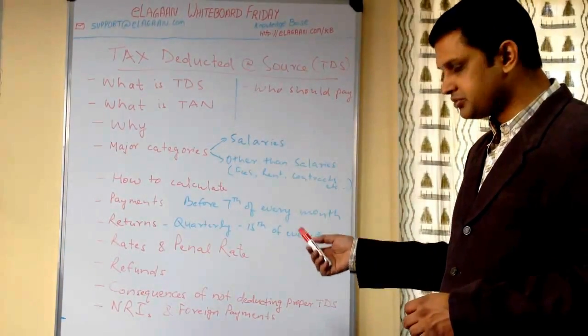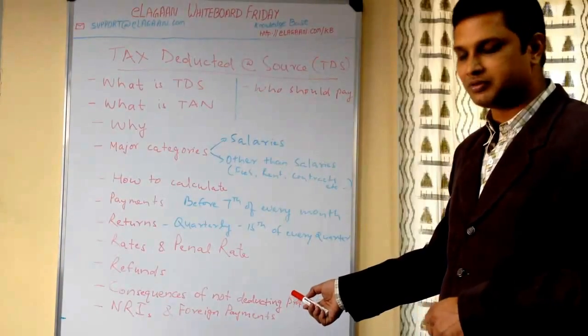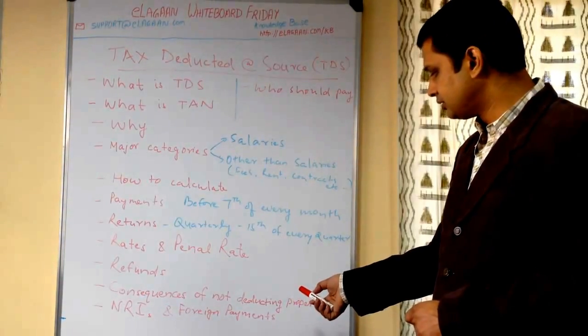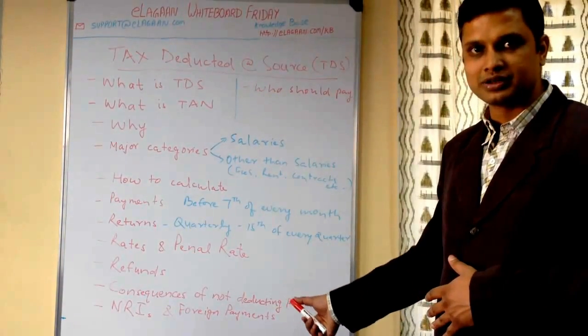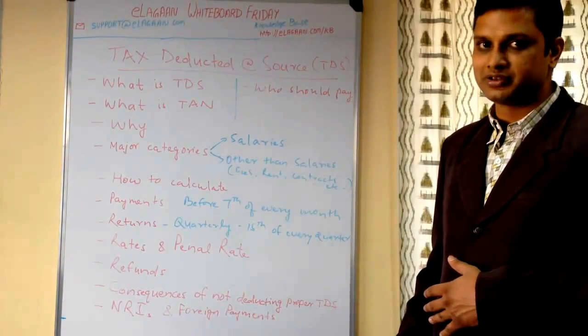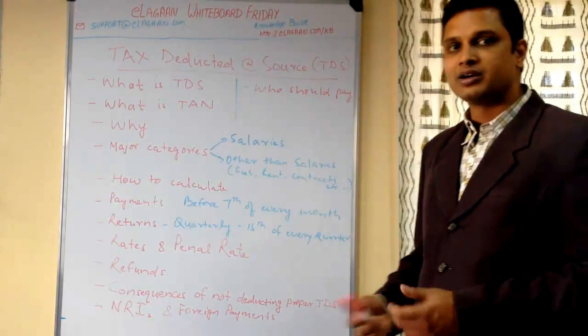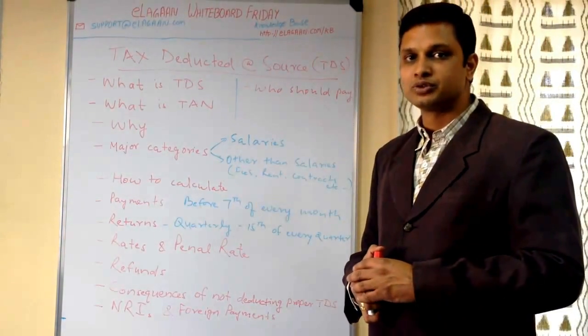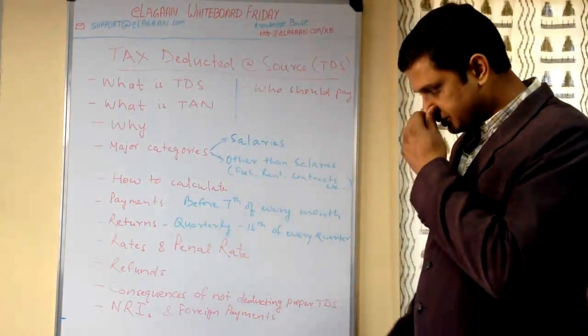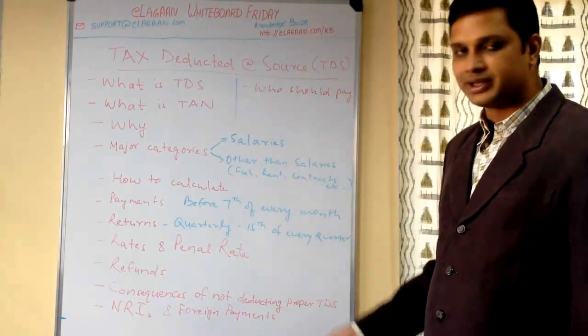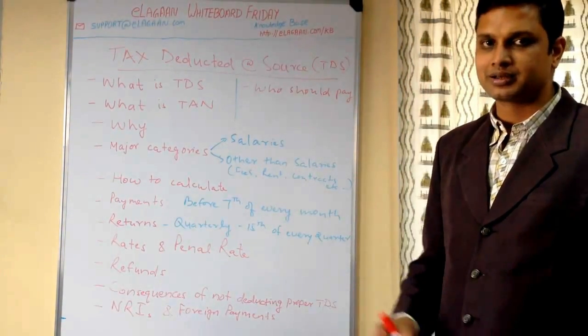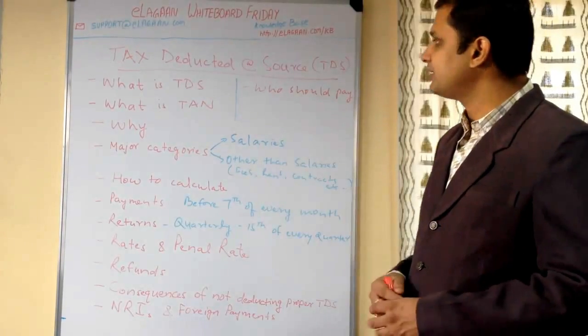The government is very stressful on these NRI and foreign payments, because it is very challenging for the Indian government to collect income tax from those people. So that's why you should be very cautious when making any of these payments to deduct proper TDS. That's all on TDS.